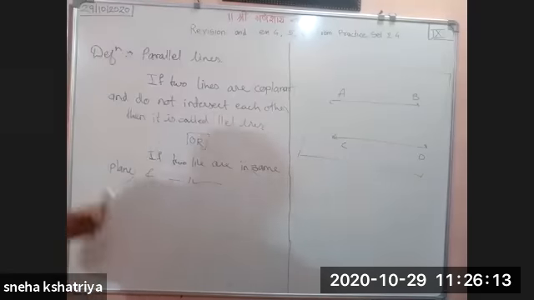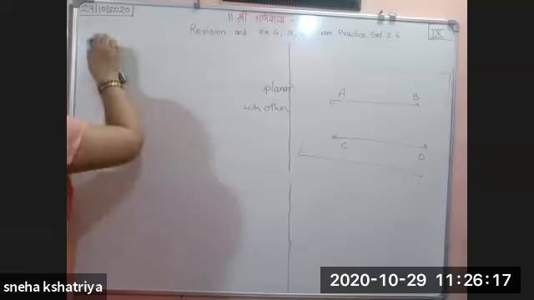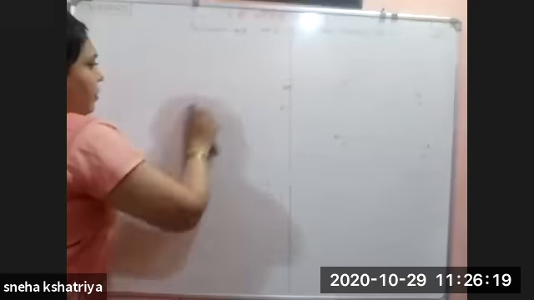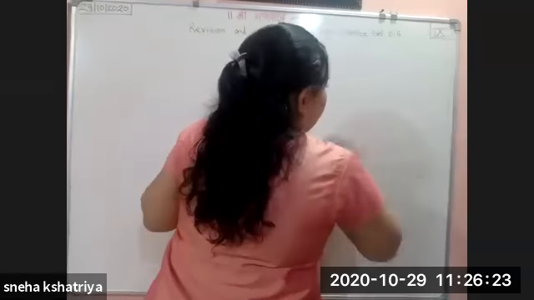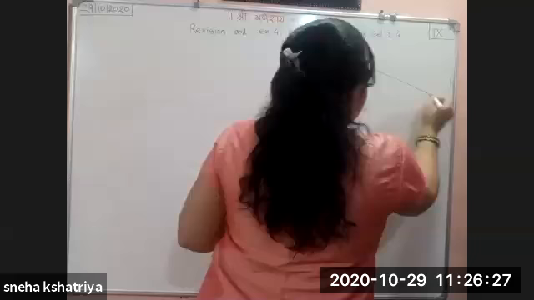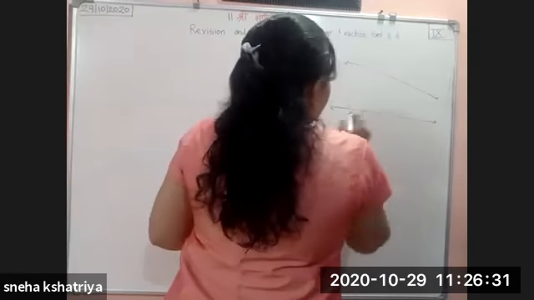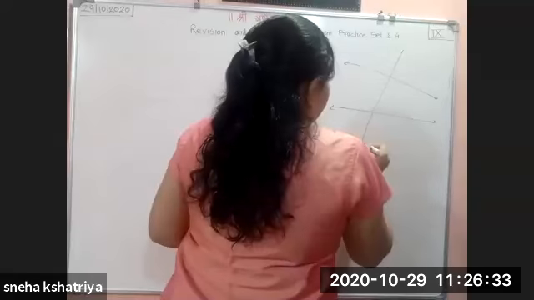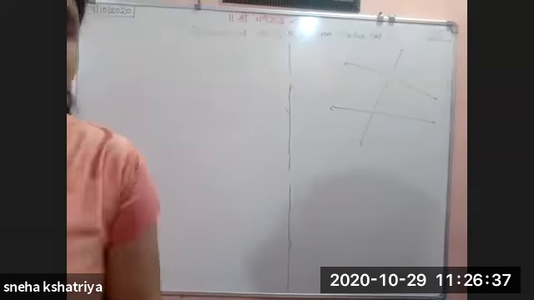Afterwards, we have seen the diagram which is given to you in the textbook. One is somewhat slanting line and one is somewhat straight line, and a transversal passes through these two lines.